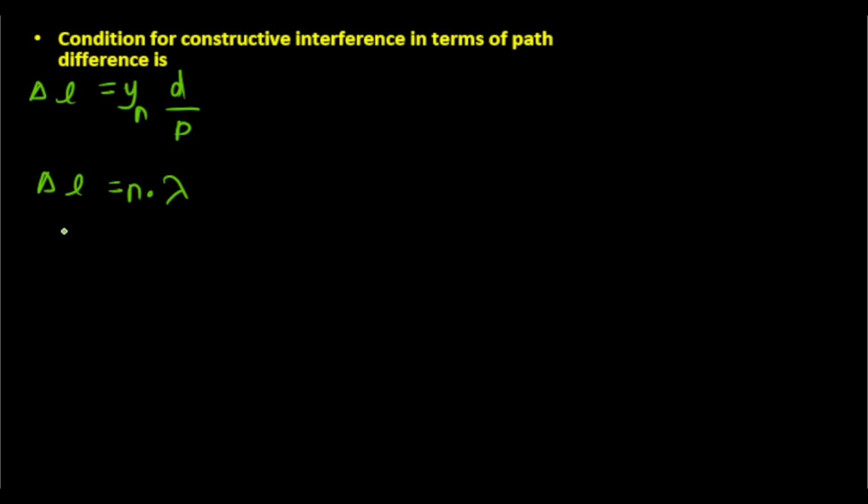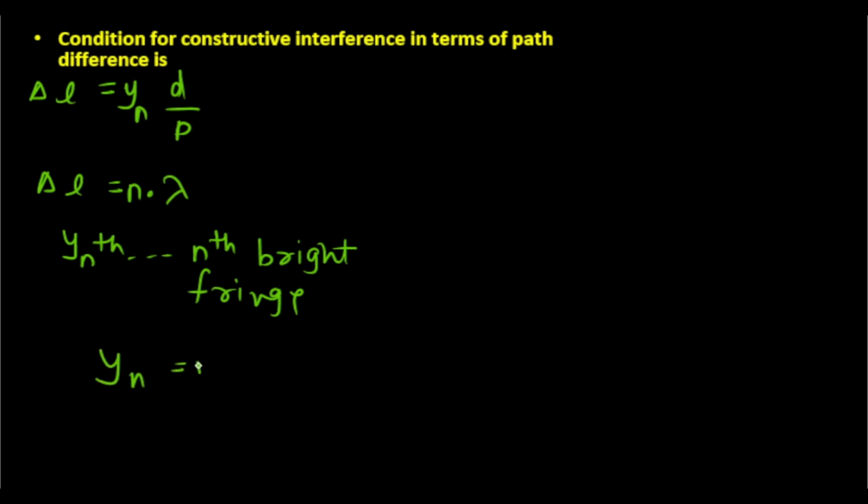So y n is equal to n into lambda D divided by d, where n is equal to 0, plus minus 1, plus minus 2, and so on.